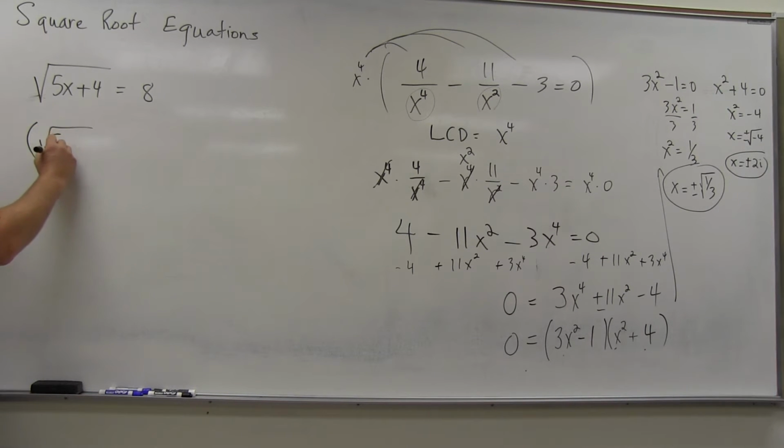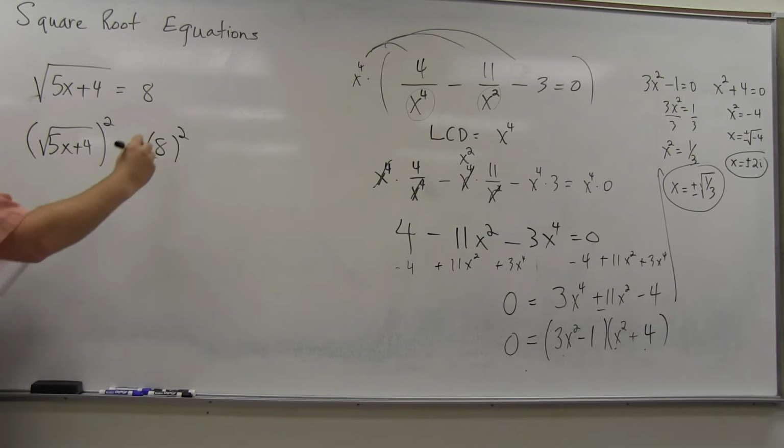Now, why does that work? Square both sides, right? Because on equations, you do the same thing to both sides. This works because what happens on the left side? Doesn't the square root cancel? The square root and the square cancel.